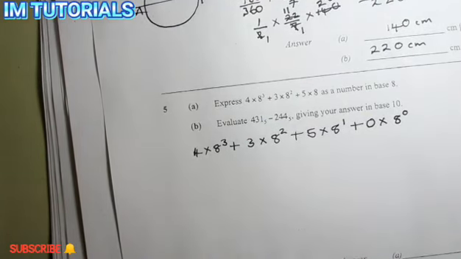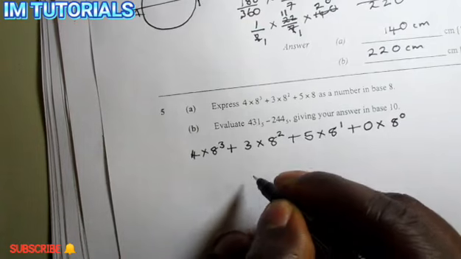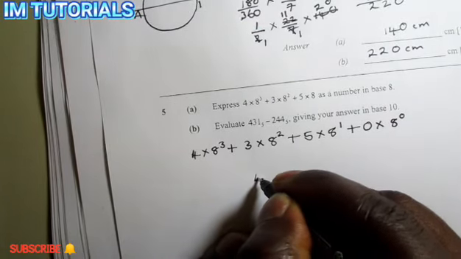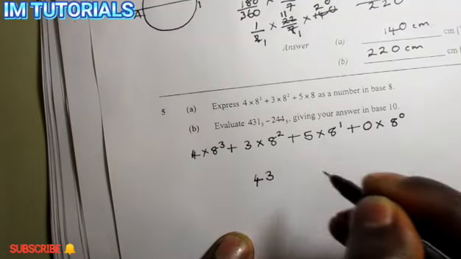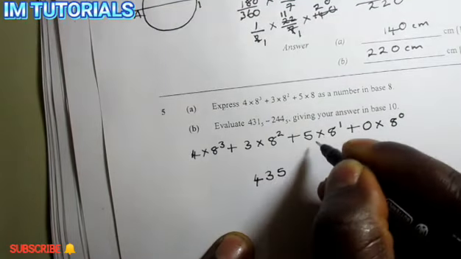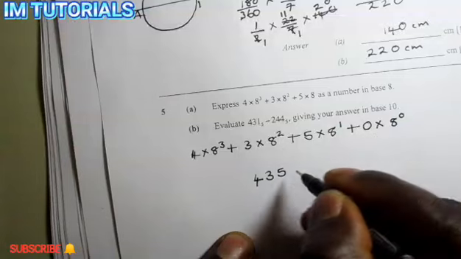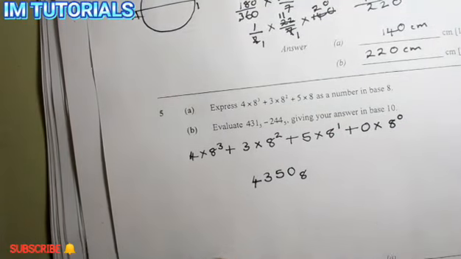Your answer is the coefficients of the numbers which are multiplying 8 to the power of something. So the first digit of your answer is 4, the second digit is 3, the third digit is 5, and the fourth digit of your answer is 0. So your answer is 4350 to base 8.